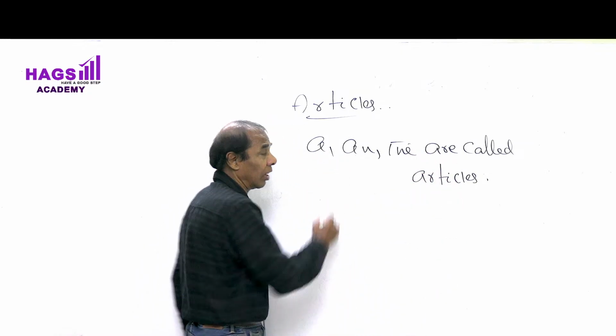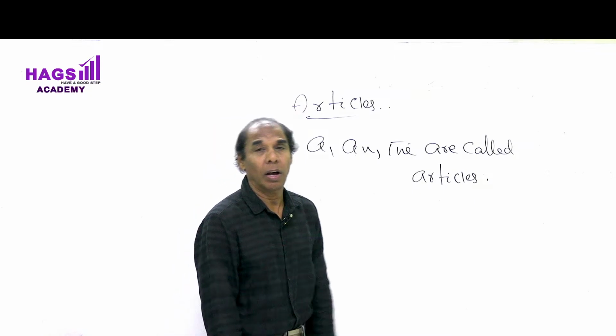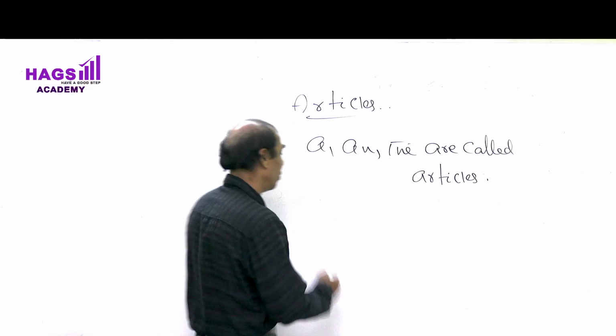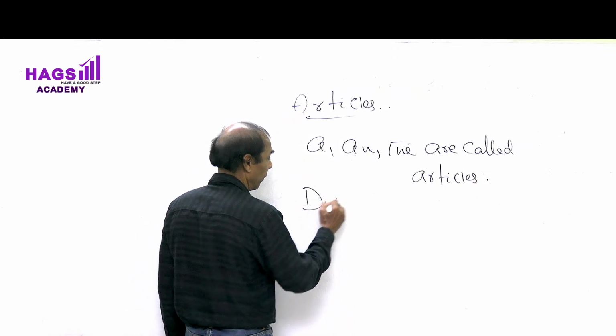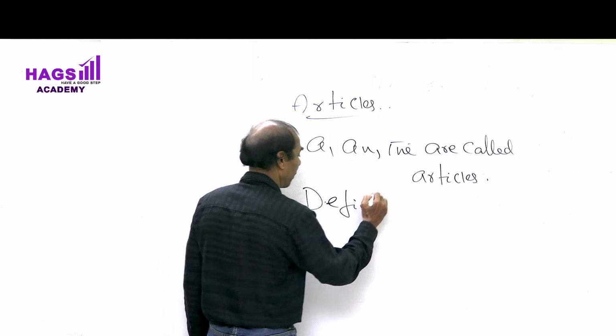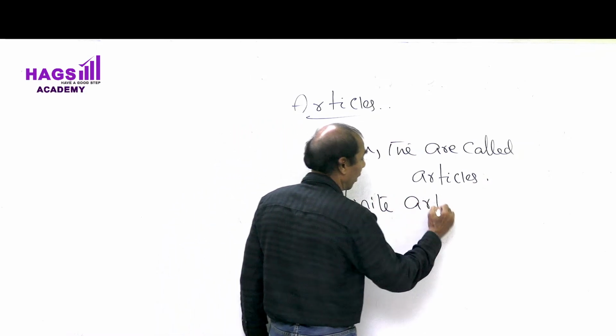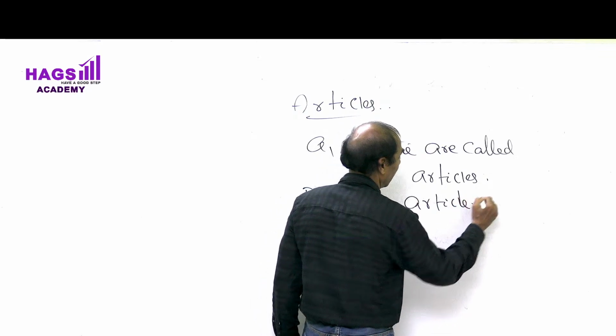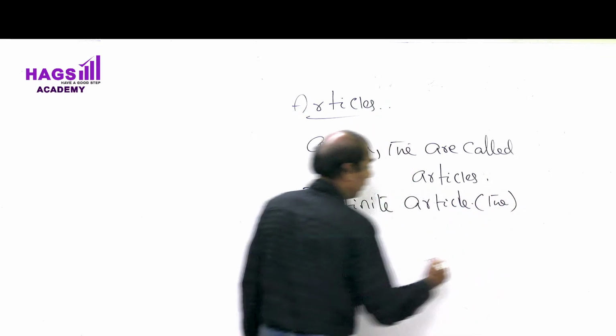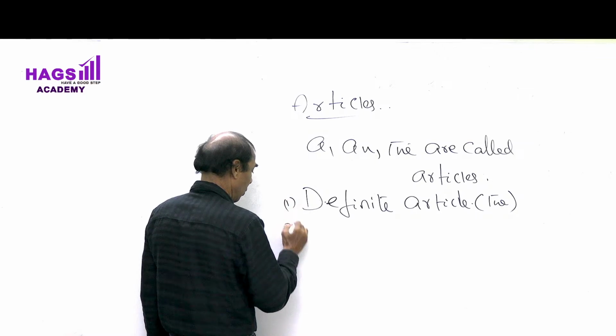Articles are of 2 kinds. What are the 2? 1. Definite article, write in brackets: the. 2.